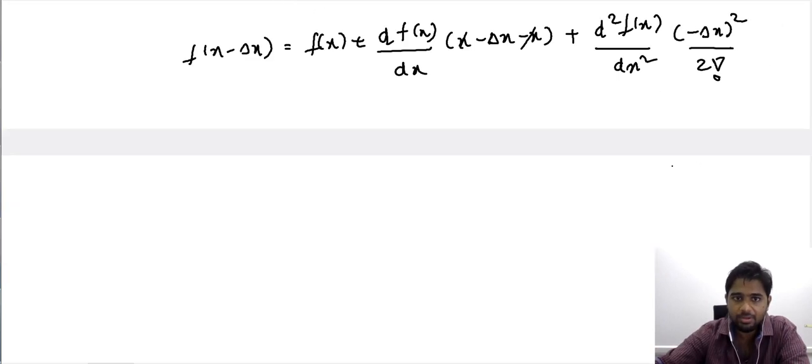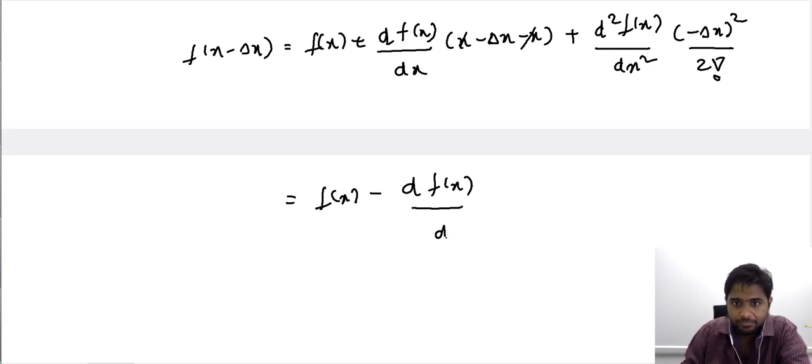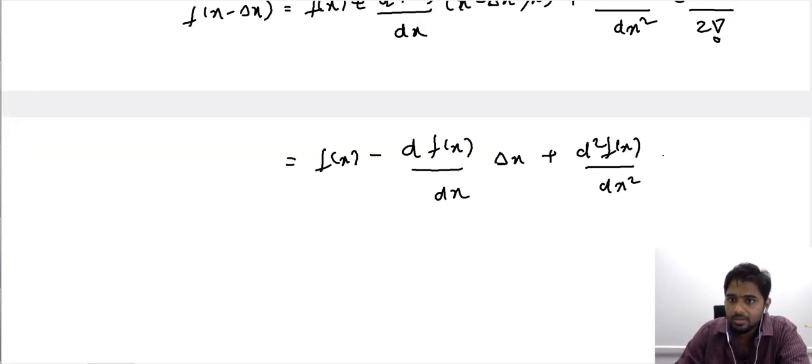So ultimately, the Taylor expansion of f of x minus delta x would be f of x plus the first derivative of f of x, but since we have minus delta x here, it is written as minus the first derivative times delta x. And since we have the square of the minus term, the plus remains. Therefore the second derivative of f of x at x, times delta x square by 2 factorial.